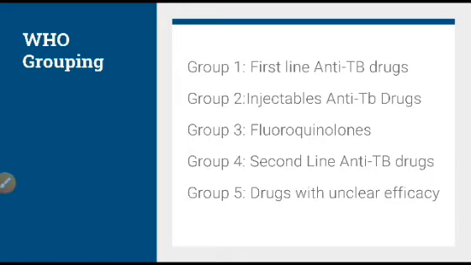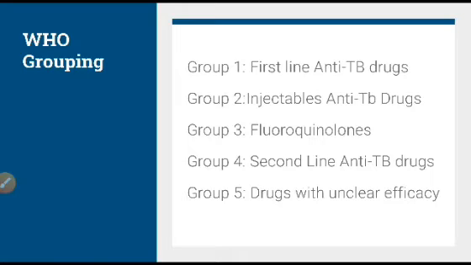Group number 2 comprises injectable anti-tubercular drugs. These are very potent and bactericidal drugs. For example, streptomycin, kanamycin, amikacin and capreomycin.